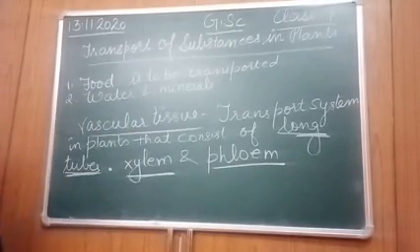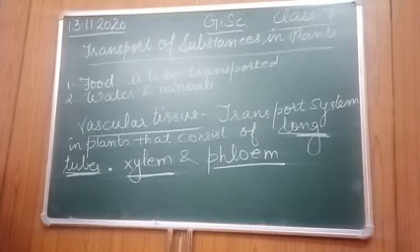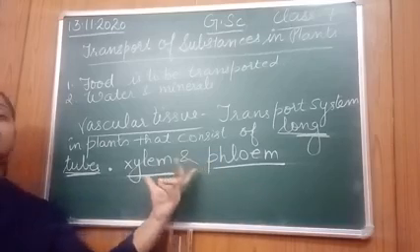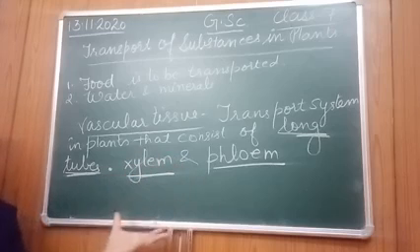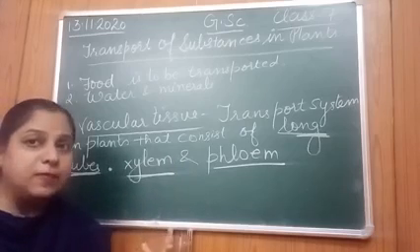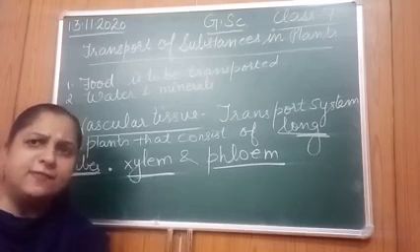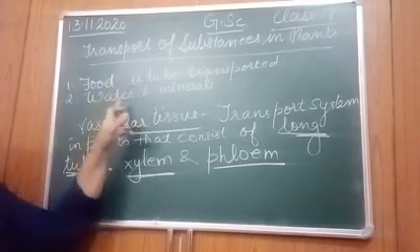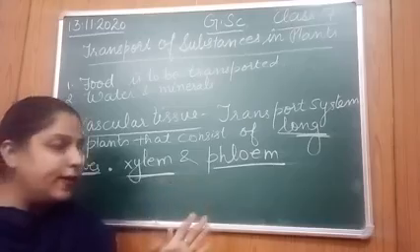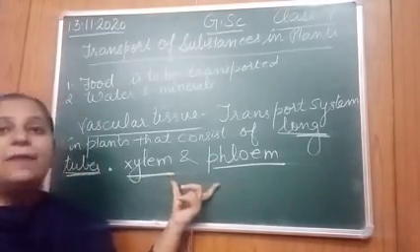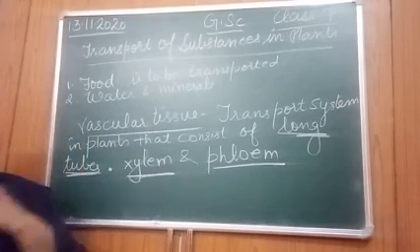Is that clear? These xylem and phloem tubes, these vessels, are present in all the parts of the plants. Which parts? Roots, stems, branches, leaves, flowers, fruits, everywhere. These two things are transported by xylem and phloem. What are xylem and phloem? They are vascular tissue.